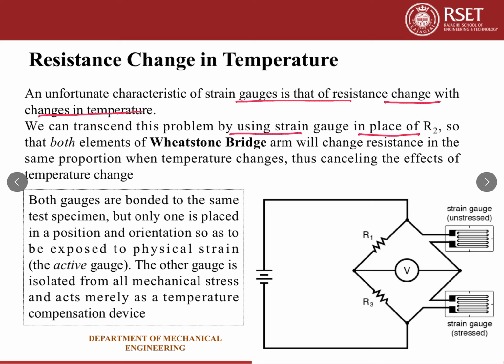In the previous case we have seen, the strain gauge is connected only to one of the resistances of the Wheatstone bridge. Here R2 is also replaced by a strain gauge. So this type of arrangement is a half bridge.